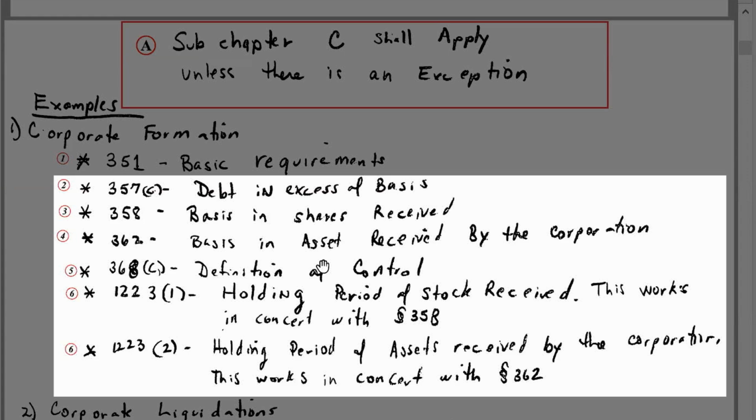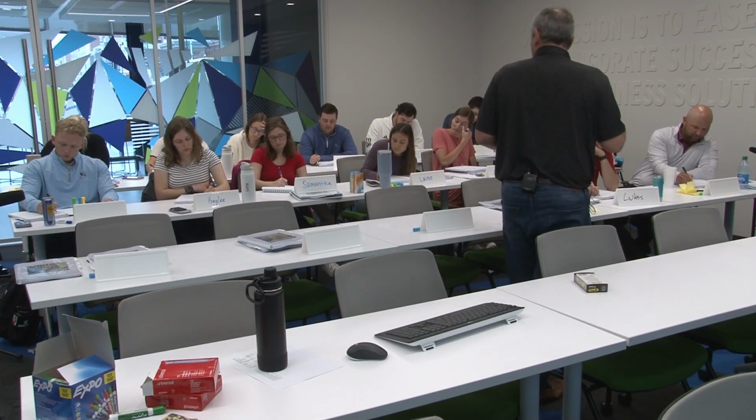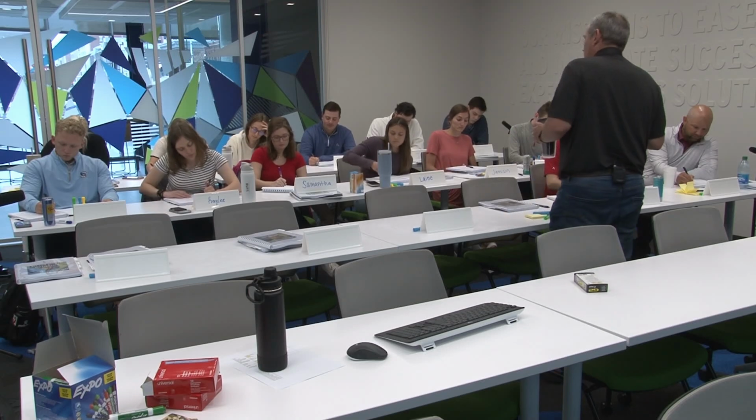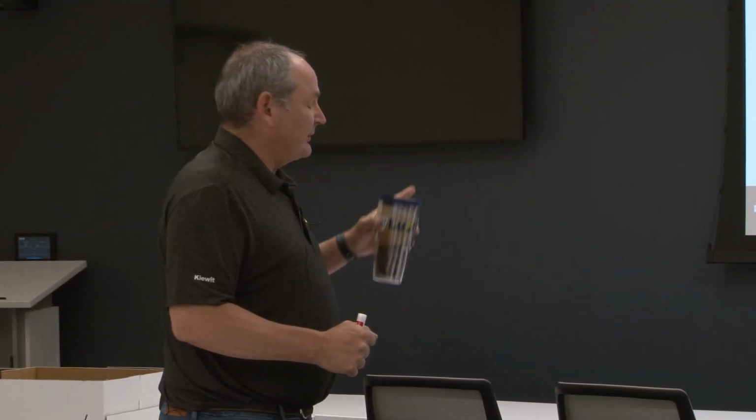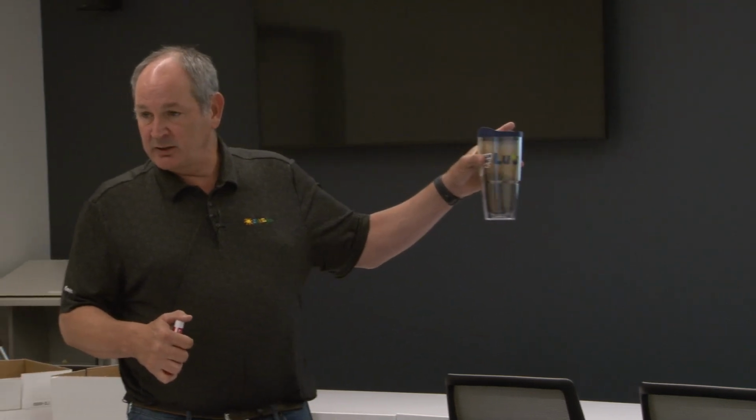Okay, because again, Emma, are we doctors? No. But what do we do? Diagnose. And how do we diagnose? By running through the rules, right? So 351 helps us diagnose whether the corporate formation is taxable or tax deferred.